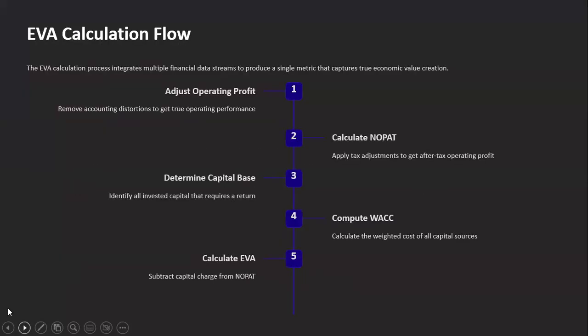Now, what are the steps of EVA calculation? First, I need to find out what are the accounting distortions to get a true operating performance. Accounting distortions means I have to find out what is operational expense and what is non-operational expense.